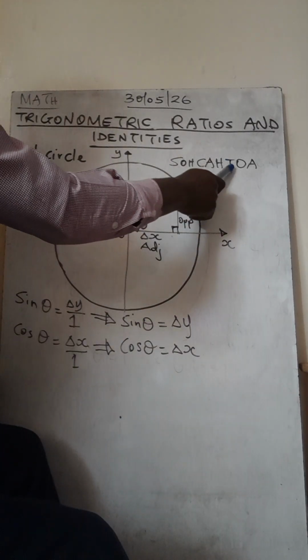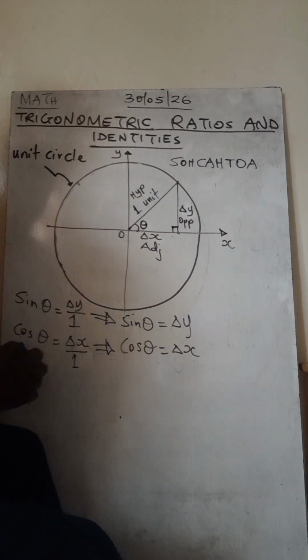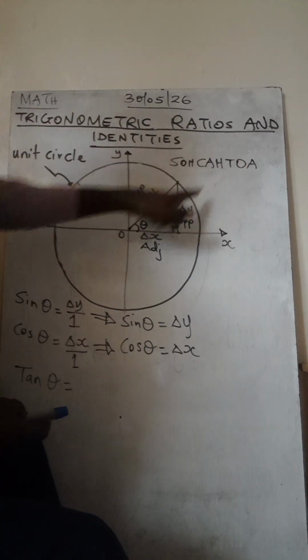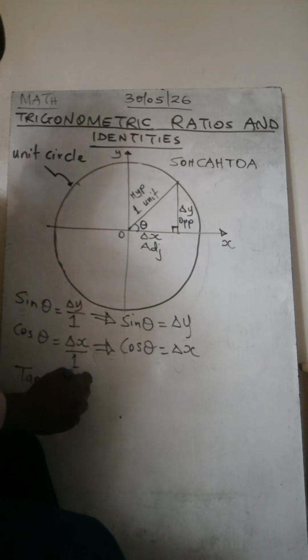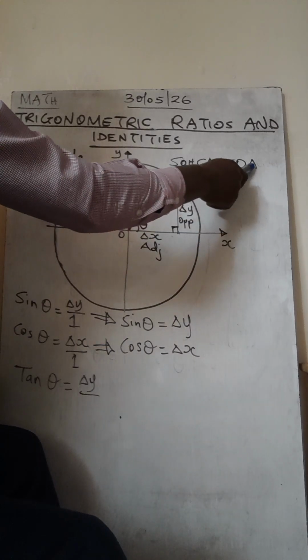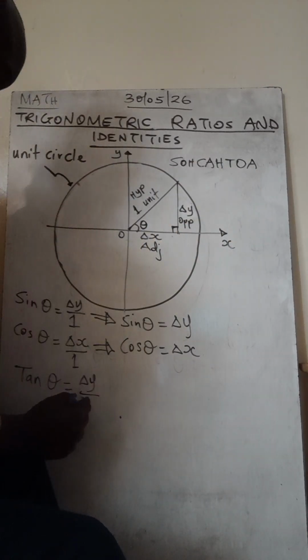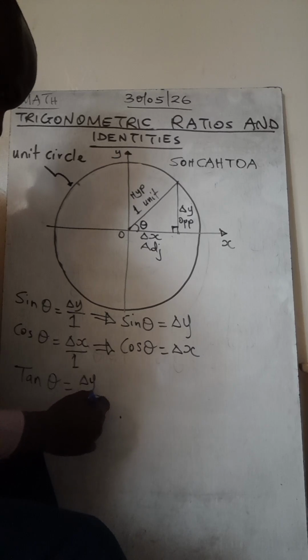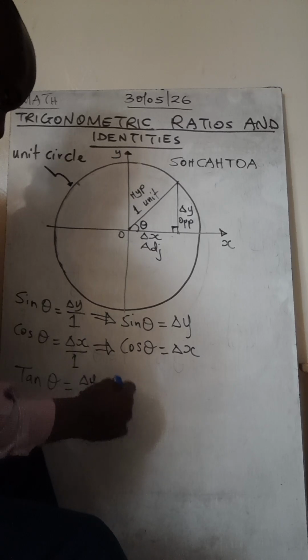And then lastly, we have tangent of this angle, given by opposite side, which is change in y values, over adjacent, which is change in x values. So what does that tell you?